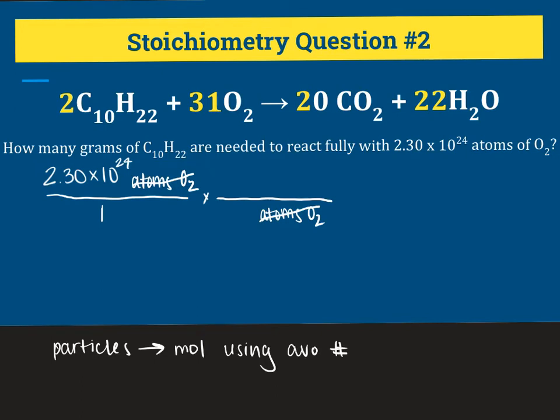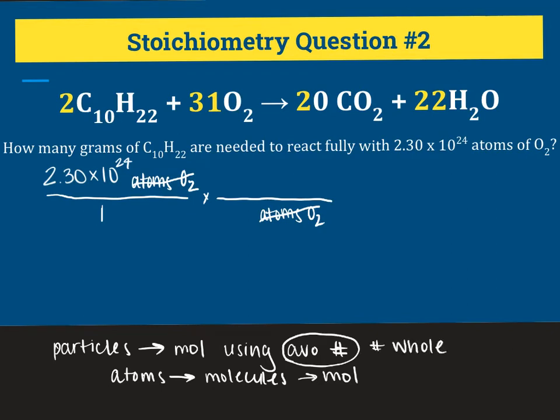And in this instance, we cannot go directly from atoms to moles. We first have to go from atoms to molecules to moles. And that's because Avogadro's number is the number of whole things in 1 mole. And in this situation, the molecule is our whole thing.